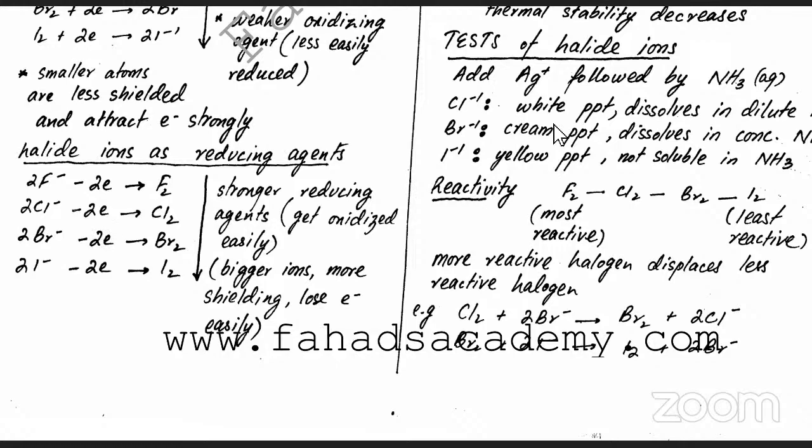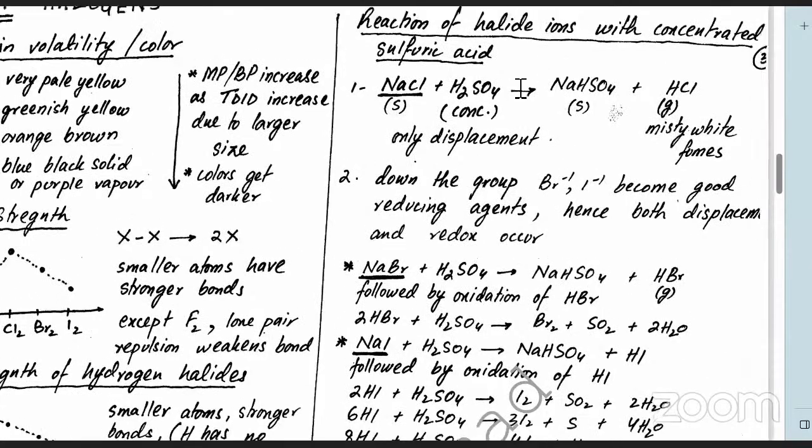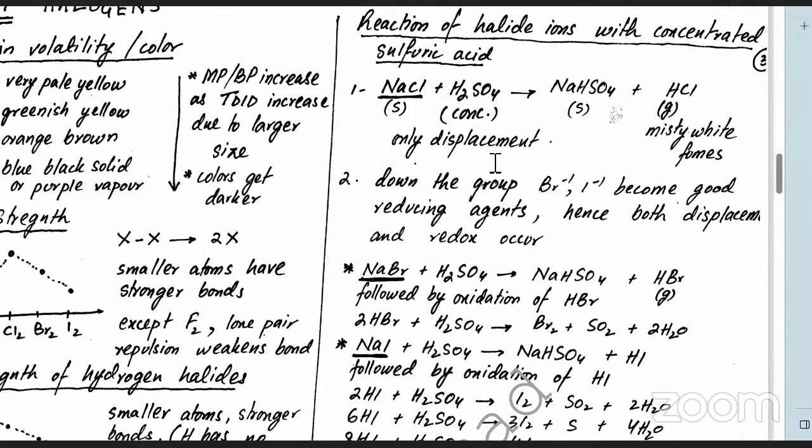So what happens with sulfuric acid is, sulfuric acid with NaCl will only have a displacement reaction. The type of reaction is an acid-base reaction. So Cl-1 will combine with H+1 and form HCl gas.